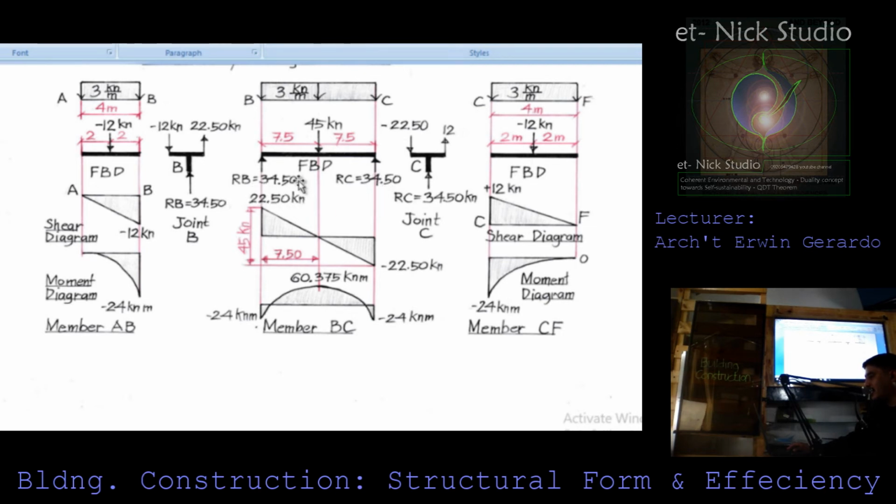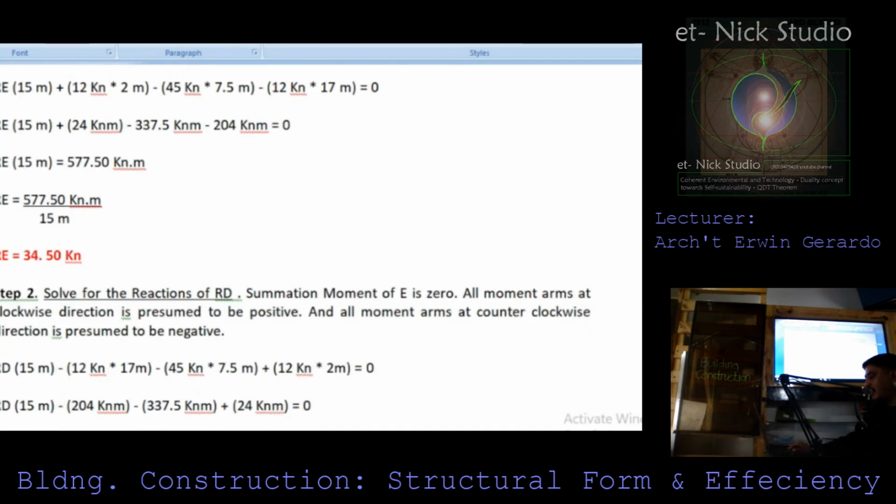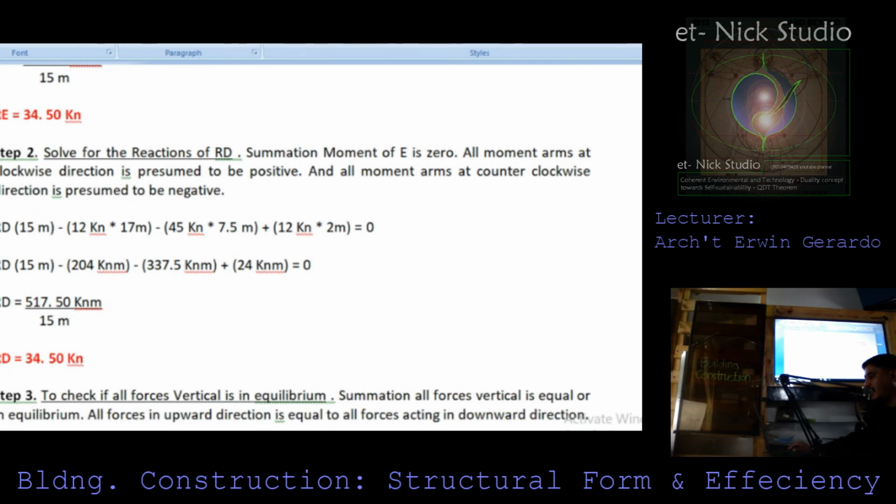So take note, R sub B is the reaction which we already have solved. So all you need to do here is just put it in this free body diagram. Now let us see how negative 22.5 kilonewton was actually solved.